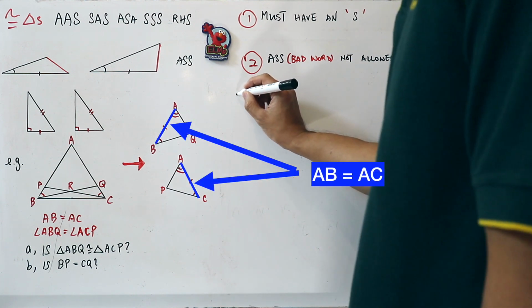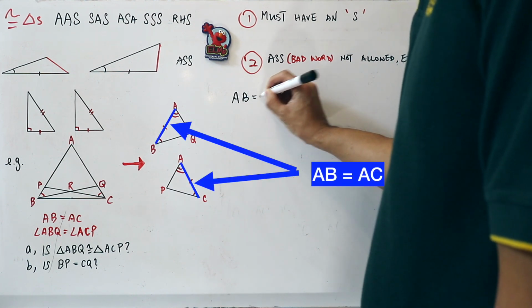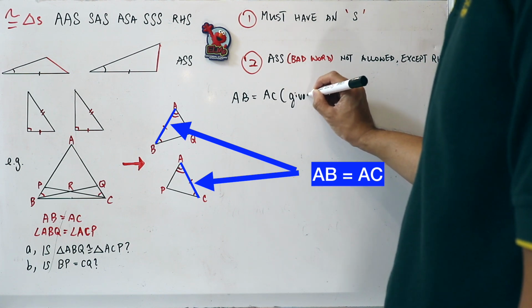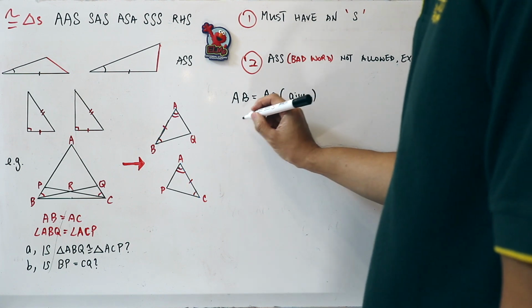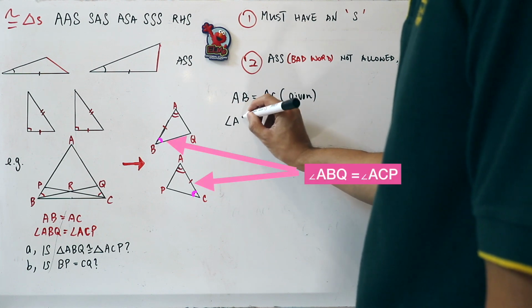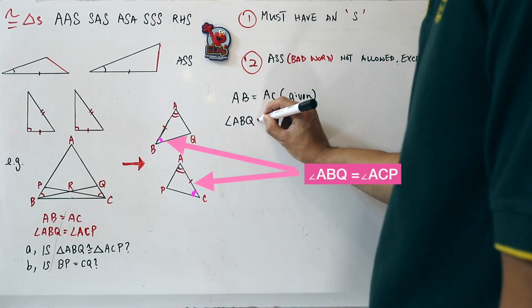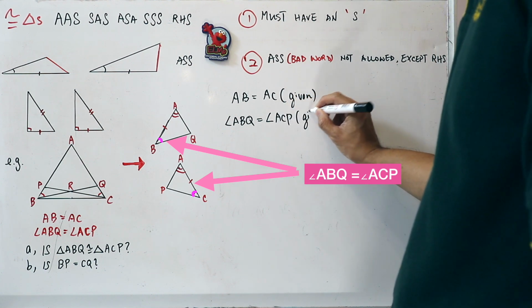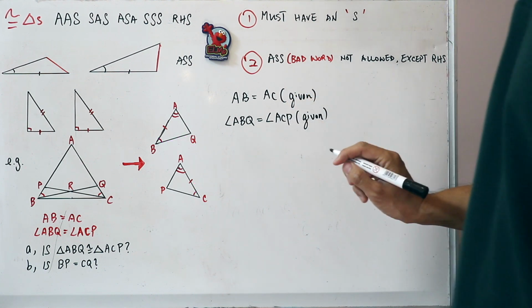Let me write out the steps for you. First of all, AB is equal to AC because it is given in the question. And angle ABQ is equal to angle ACP. Again, it is given in the question.